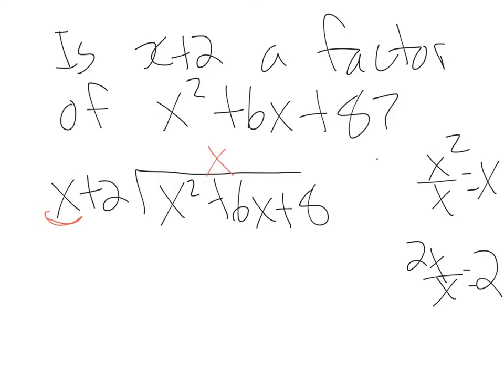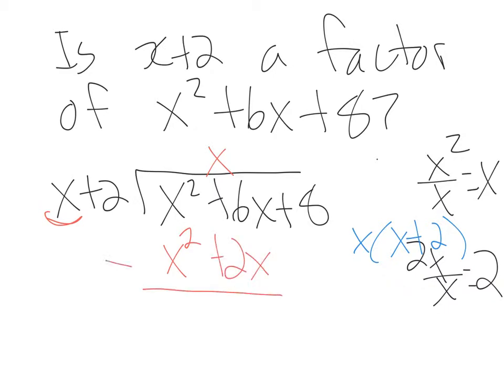It doesn't appear that I can erase that. That's interesting. So I'll write it over here. What I have to do now is multiply x by x plus 2. So what does that look like? x multiplied by x plus 2 is x squared plus 2x.